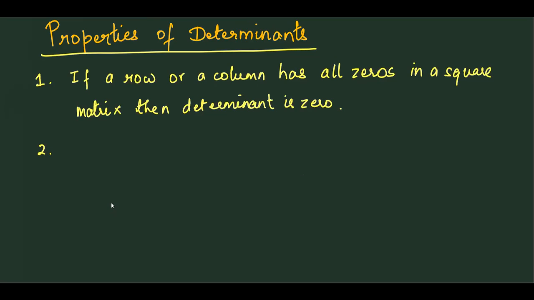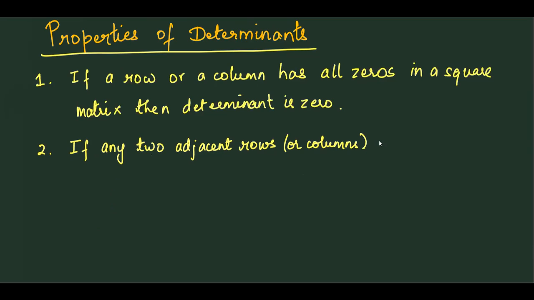Now, very important, if any two adjacent rows or columns of a square matrix are interchanged. I'll not keep repeating square matrix; we understand that we are dealing with square matrices only.